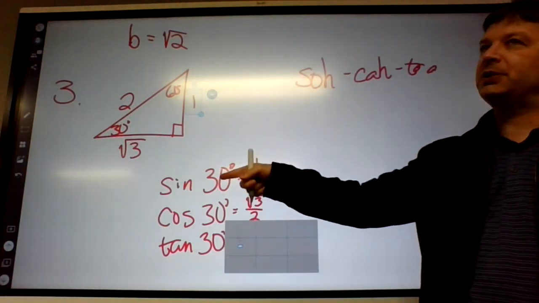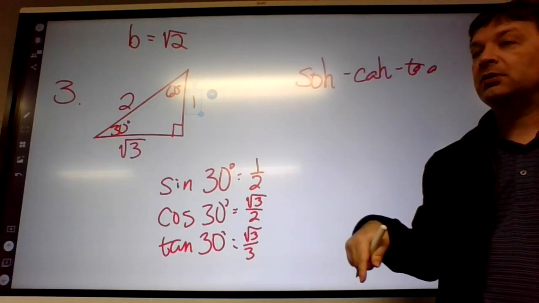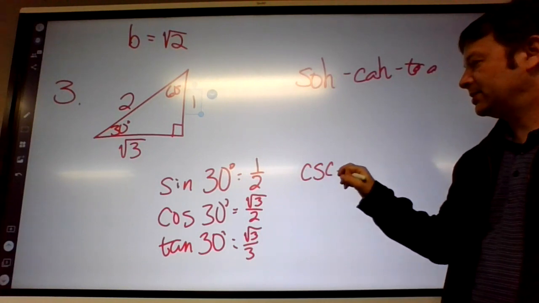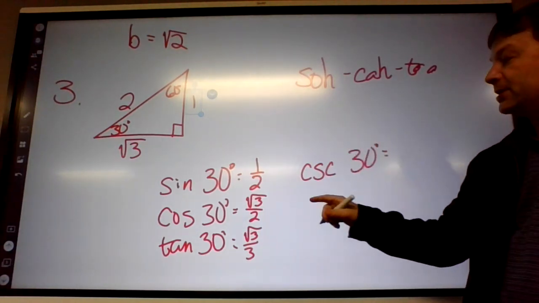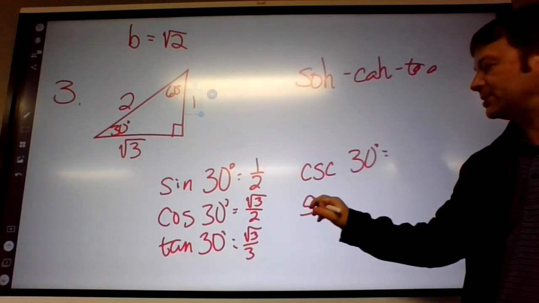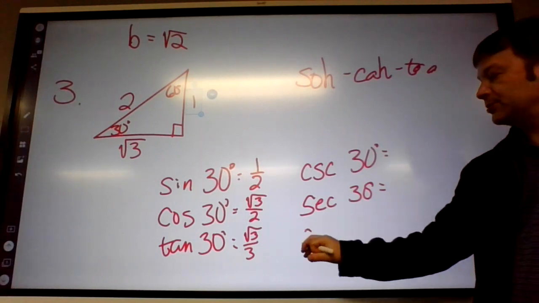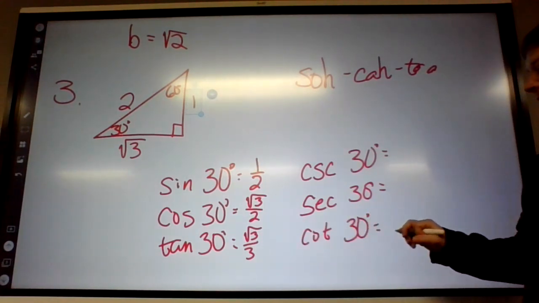Okay, and then we can kind of cheat with these other ones. Do you guys remember what was the reciprocal for sine? Is it the cosecant? Right, it's called cosecant. They kind of put it in order for us, right? If you look at it, cosine goes with secant, yuck, and then tangent goes with cotangent. So this is kind of like the last one from yesterday.